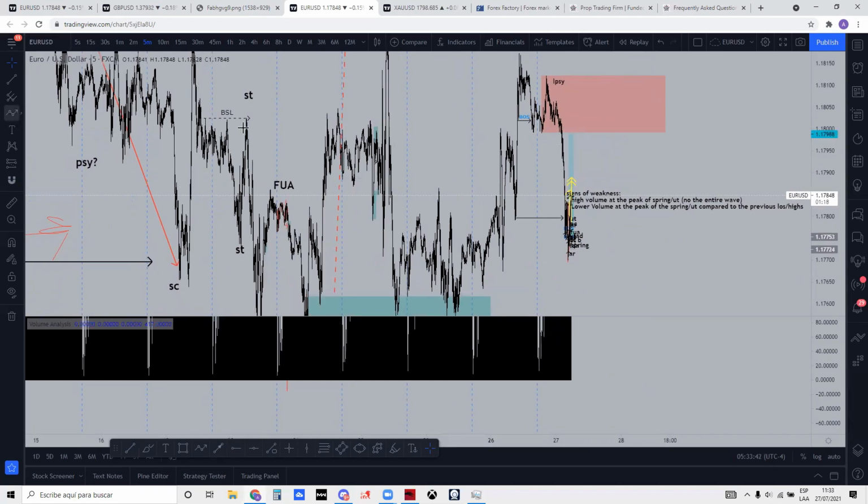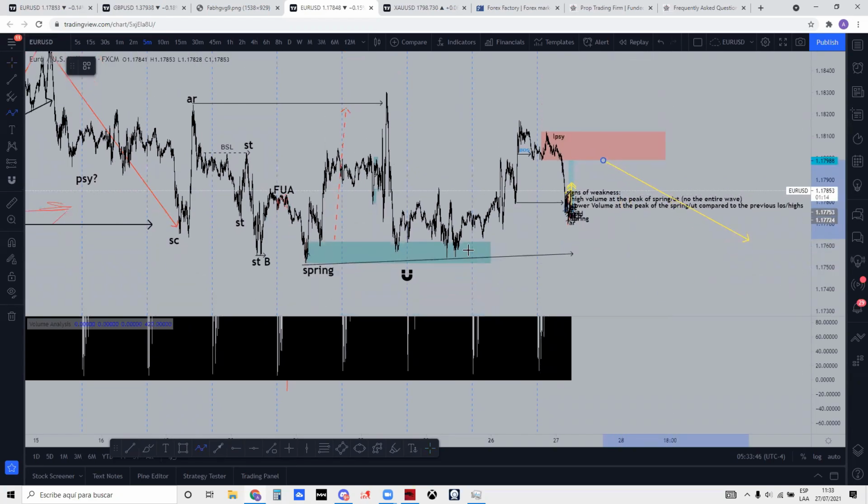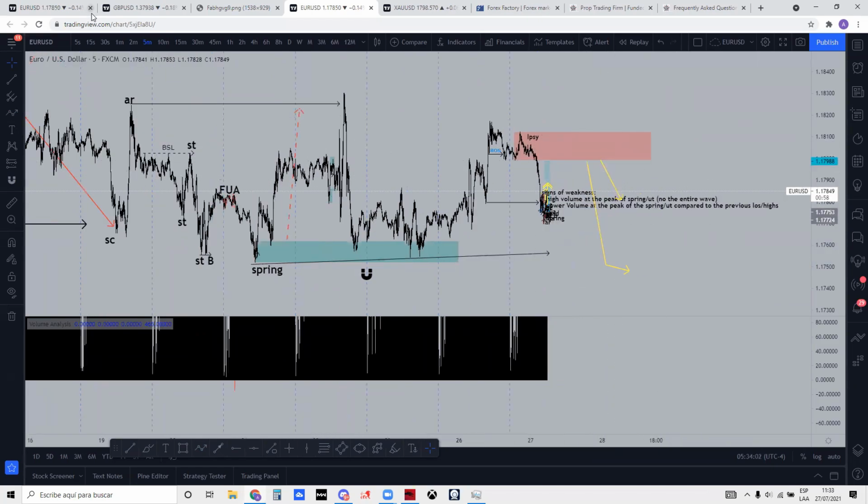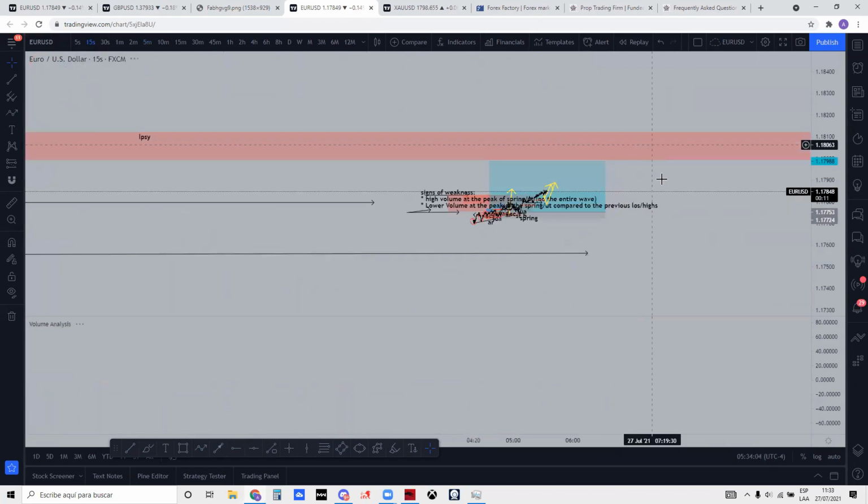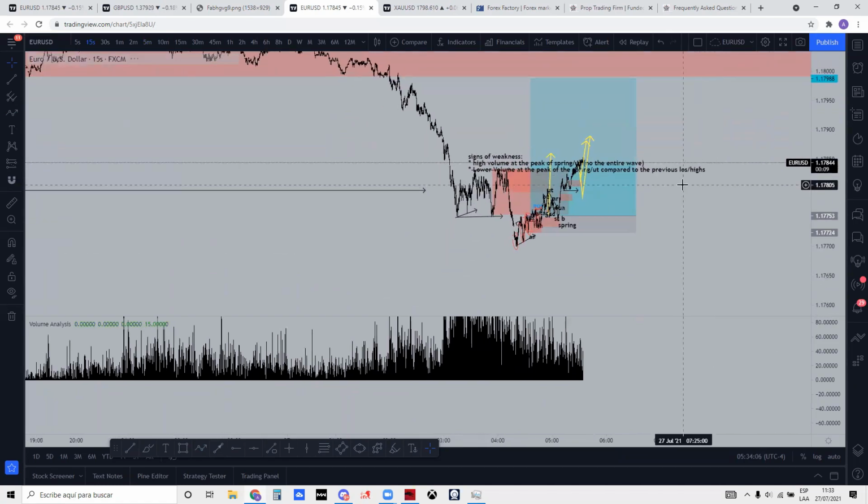This short might lead price to continue going lower, which is our main bias below these equal lows. But if we are wrong, then at least it's going to provide a retracement. And if you know how to capture that on a lower time frame, it's more than enough to trade with.